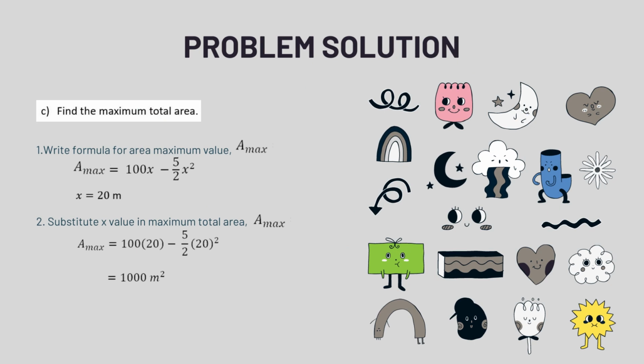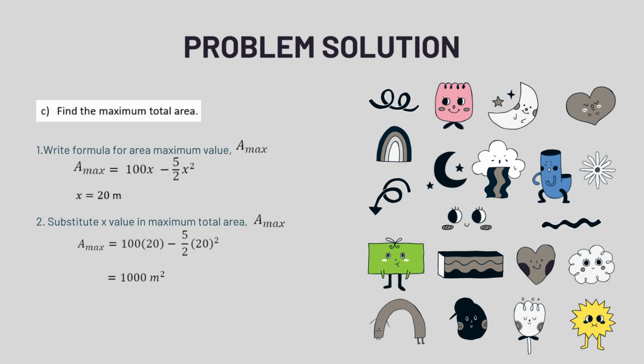Okay, for the last question, the question asks us to find the maximum total area. First, we need to write the formula for the maximum area. From problem solution A, we have proven the area equation, which is max area equals 100x minus 5/2 x squared, and we have the x value, which is x equals 20 meters.